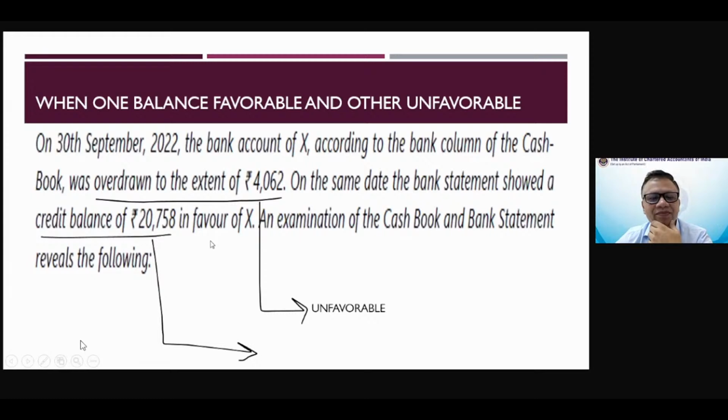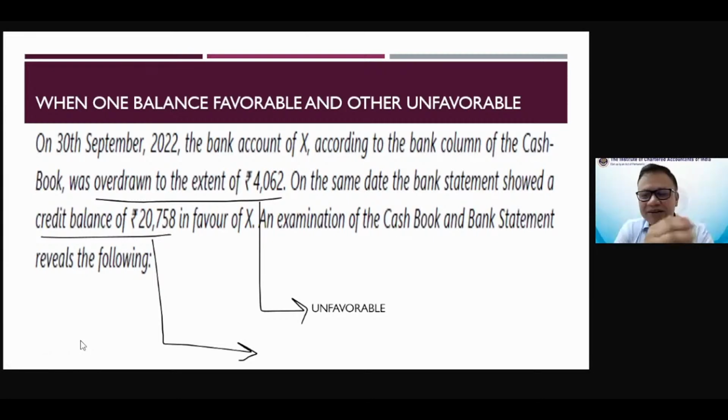The bank statement is showing a credit balance, it is a favorable balance. Yeah, very good. Aman Gupta, what is your answer? It would be a favorable balance. Yeah, very good, Aman.